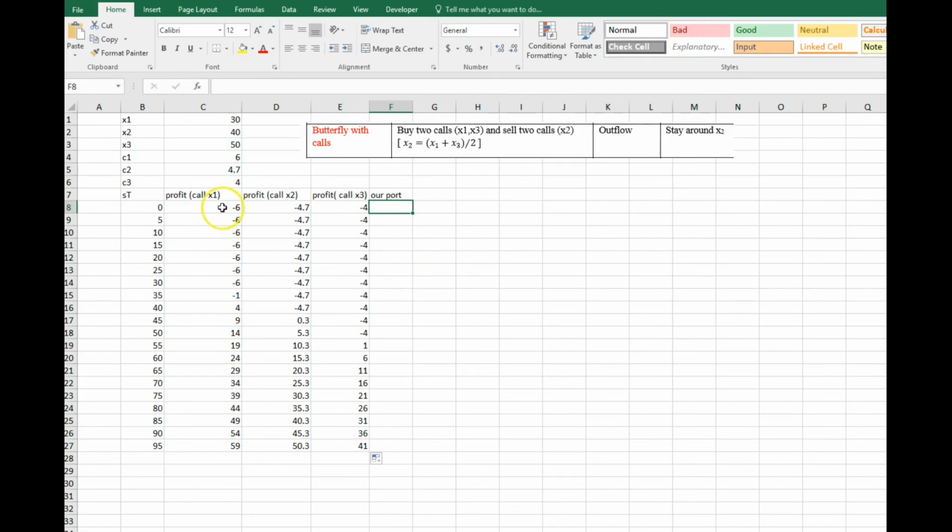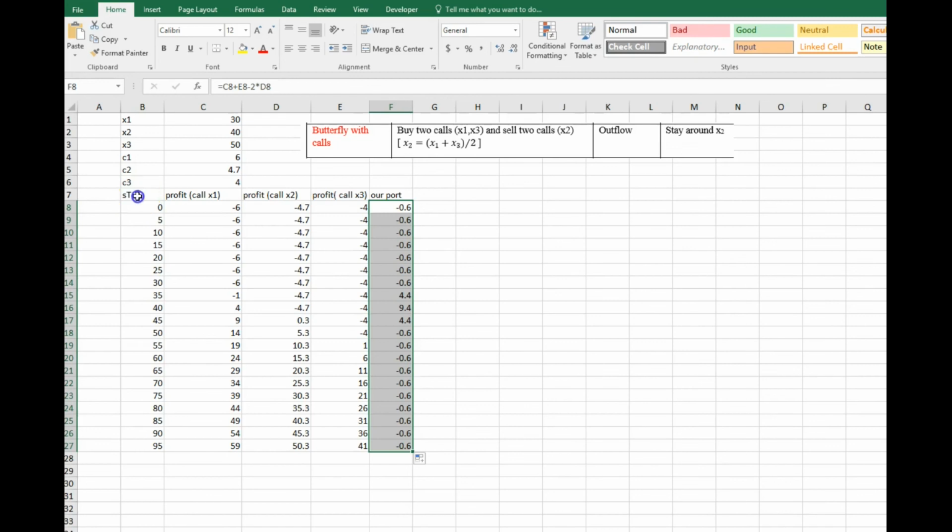Again, our portfolio is long 1 call, long another call with exercise X3, short 2 calls with exercise X2. So this is long X1 call plus X3 call, short is minus 2 times corresponding profit or loss. Okay, then we copy and paste.